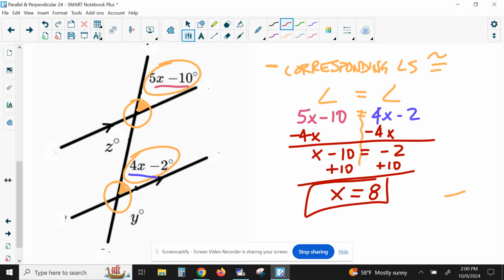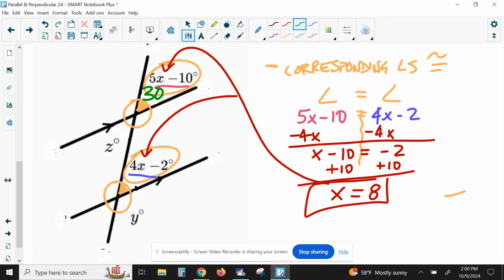And then what? We definitely have to plug it back in because we need to figure out what y and z are. So we definitely need to plug this 8 back in for these x's, so that way we can get some angle measures. So we got 5 times 8 minus 10. 30. So this angle is 30 degrees.